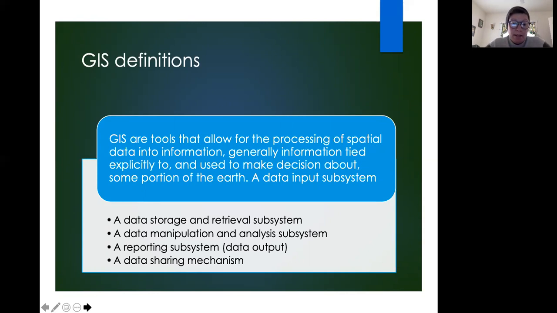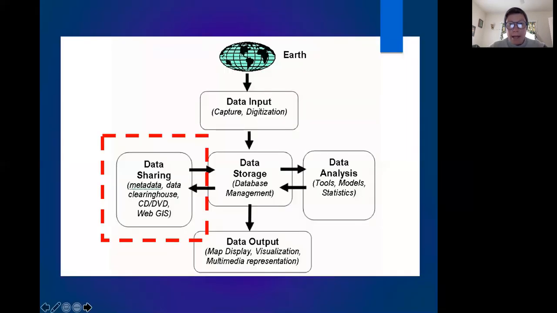It might be the data manipulation and analysis subsystems, so it might be the actual calculations and coding in GIS that processes data. Then some kind of reporting subsystem, whether that's the creation of a map or the production of data and shapefiles. And then some kind of data sharing mechanism, right? Here's a diagram of that.